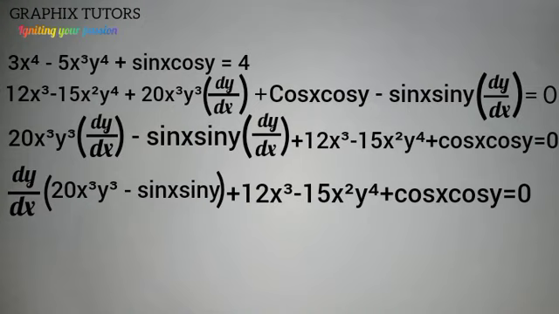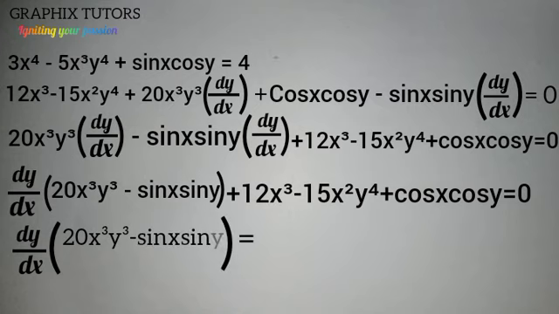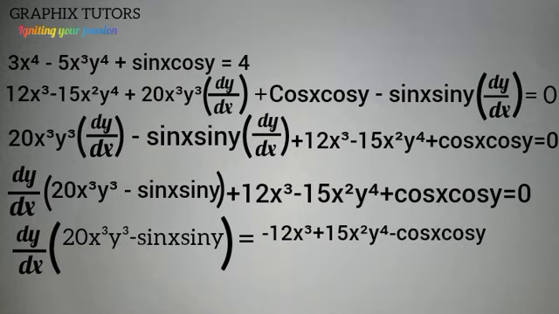Now, if you separate them, take the 12x cubed minus 15x squared y to the power of 4 plus cos x cos y to the other side of the equal sign, that is the right-hand side. The one that is positive will become negative, and the one that is negative will become positive because they are changing position. So we have dy over dx into bracket 20x cubed y cubed minus sin x sin y equals minus 12x cubed plus 15x squared y to the power of 4 minus cos x cos y, right?